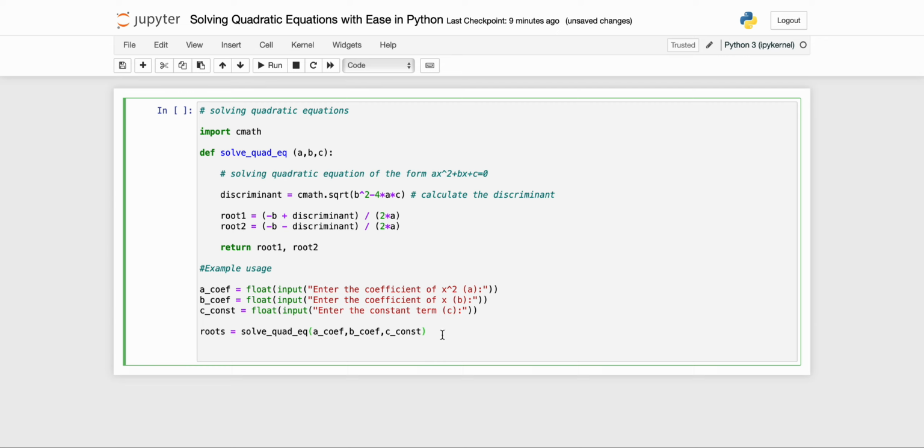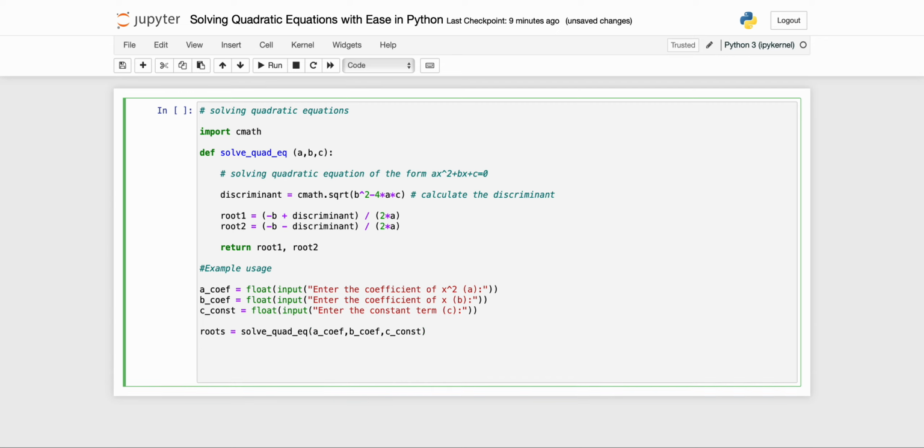It will output the roots, and then we just print out those roots. We need to call it roots because that's what we have here.